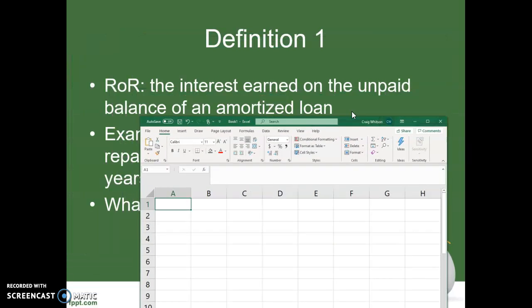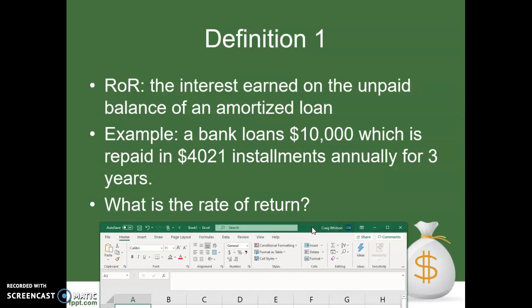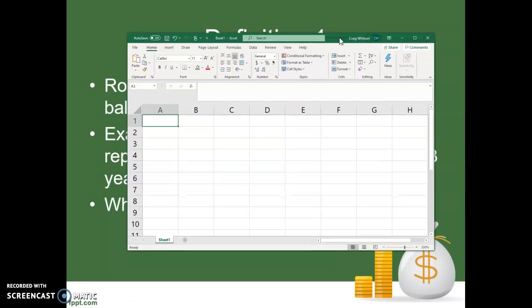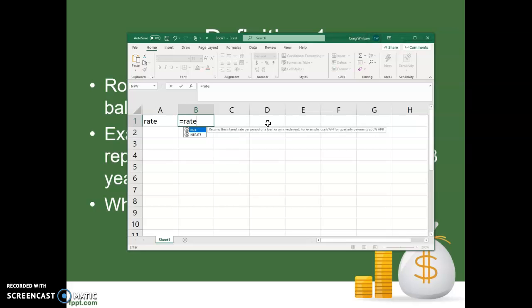So Excel will calculate rate for us, and that's what we're wanting to find here, the rate of return. And when we use the rate function, it wants to know the number of periods, the payment, and the present or future value.